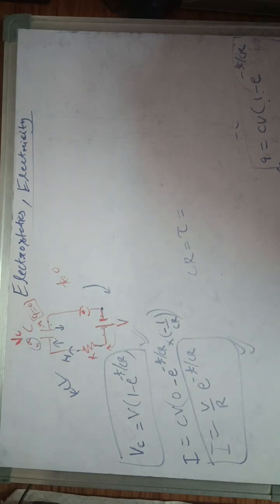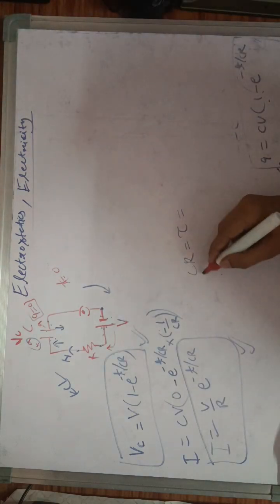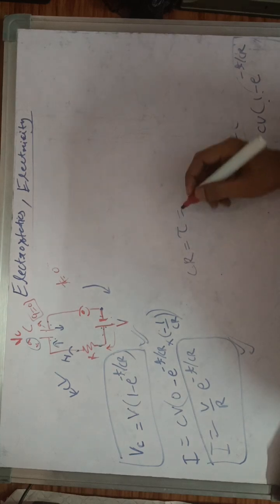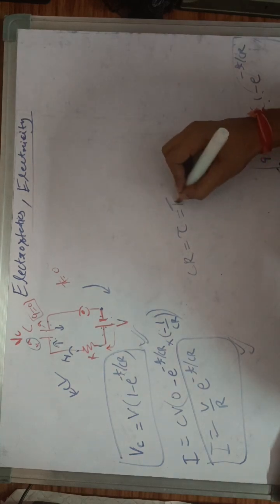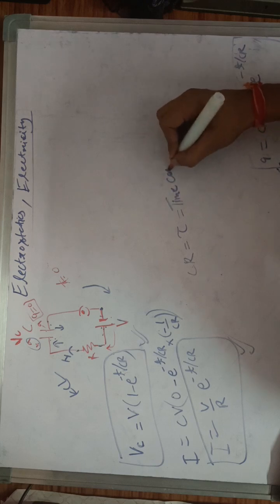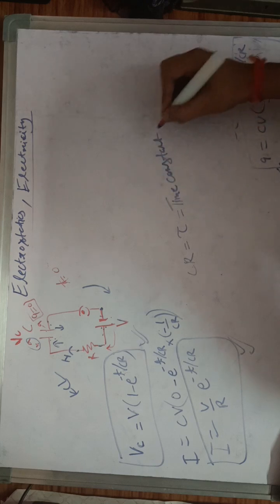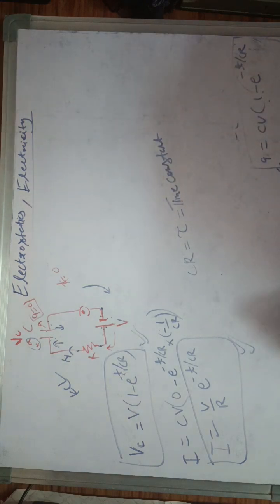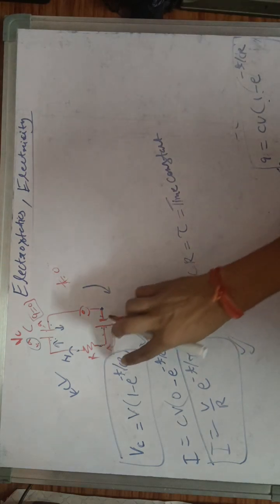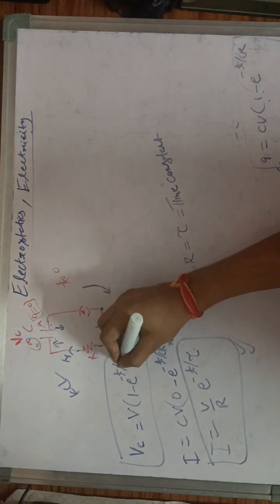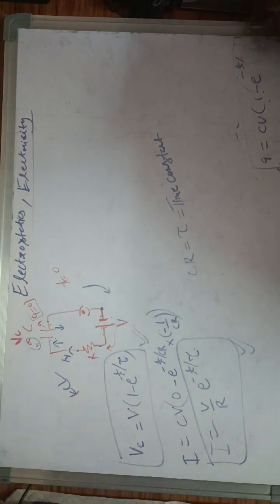This tau, this product of C and R, capacitance and resistance in the circuit, is called time constant. So I can write, instead of CR I can write a tau here, and tau here.